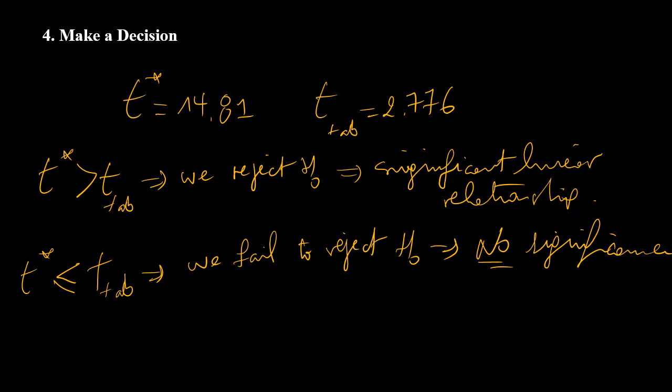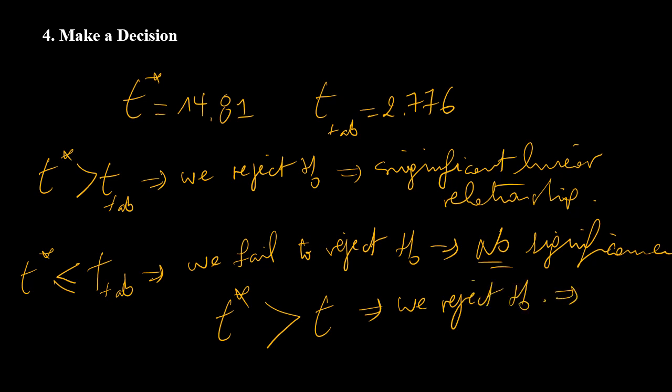In our case, the calculated t is greater than the critical value t of the table. So here we reject H0, and we can say that R differs from 0.